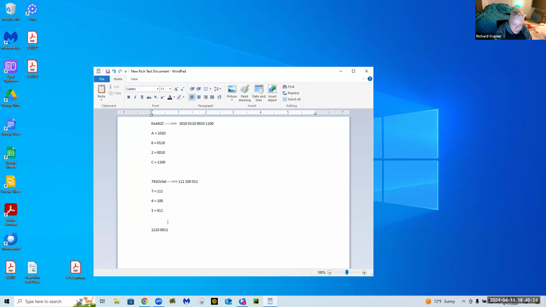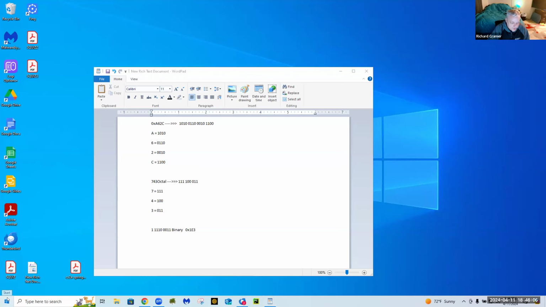So that's 1 1 1 1 0 0 0 1 1. Okay, so that's binary, which is the same as this octal number up there. And in hexadecimal, that's 1E3. Somebody check me, make sure that's right.